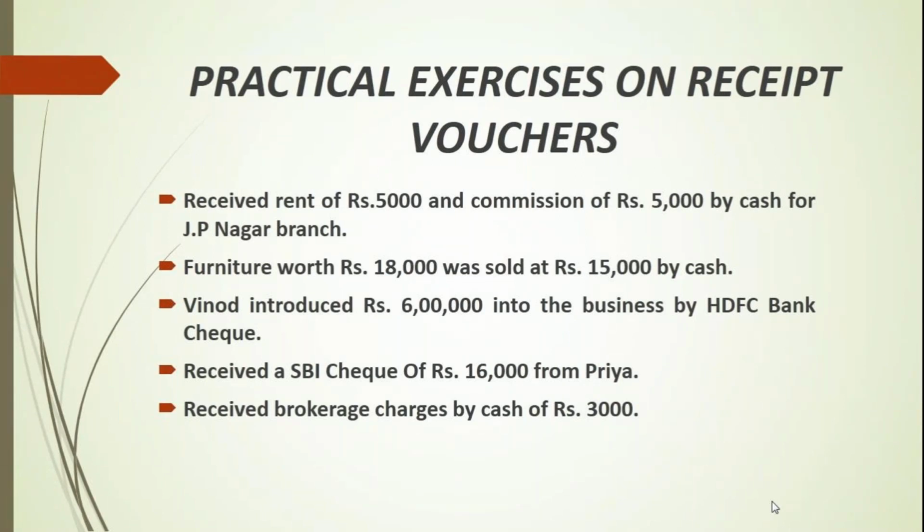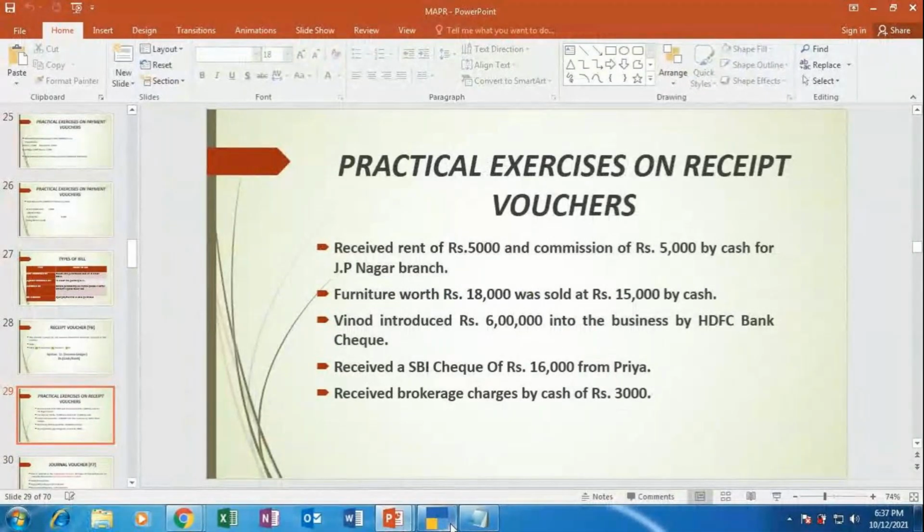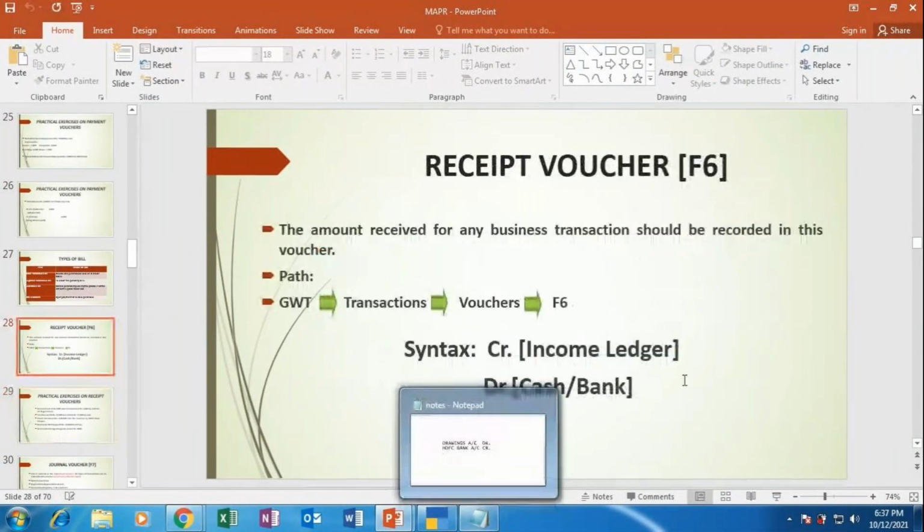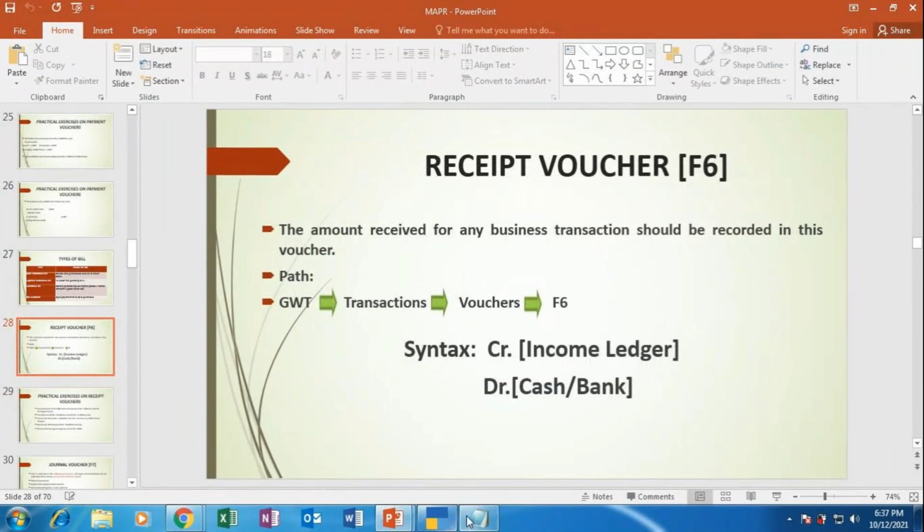How would we record this in the Tally software? Here we are using cost categories and cost centers because I have specifically mentioned the JP Nagar branch. When you observe the entry, what is the syntax I gave you? Credit, income ledger; debit, cash or bank.